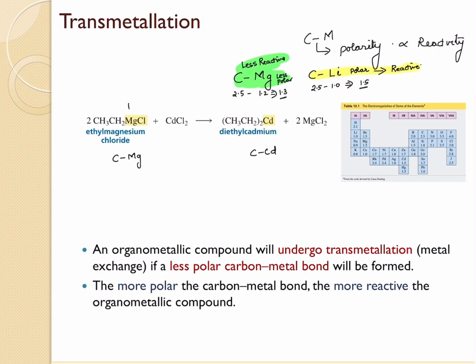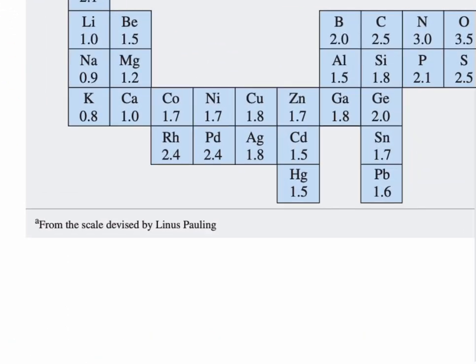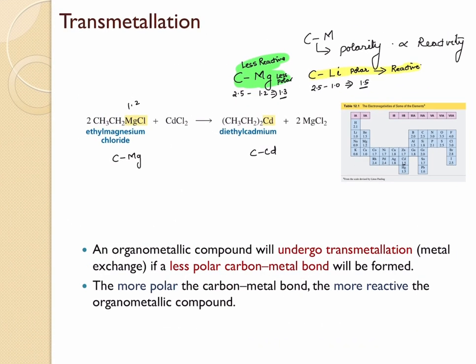The electronegativity of magnesium is 1.2 and for cadmium it is 1.5, so cadmium is more electronegative. This is the bond present in the organomagnesium compound, and this is the bond present in diethyl cadmium.